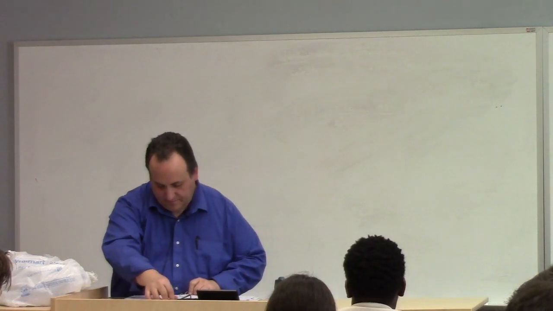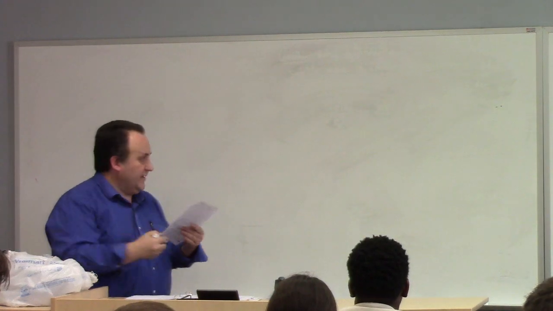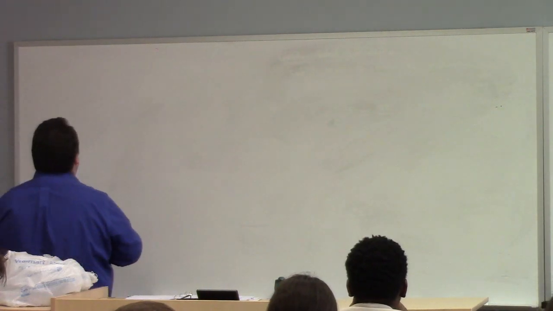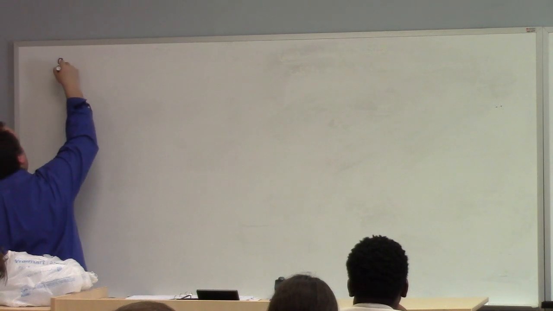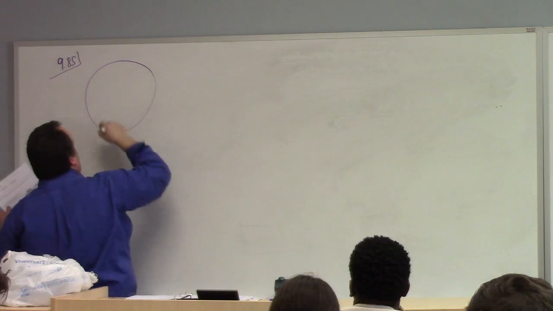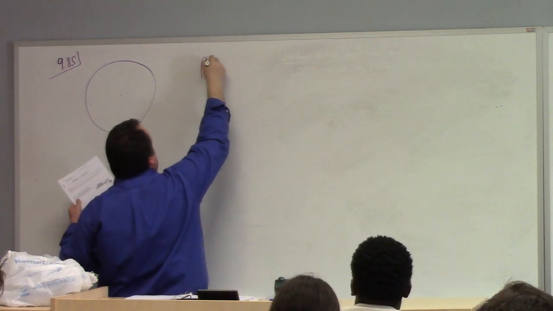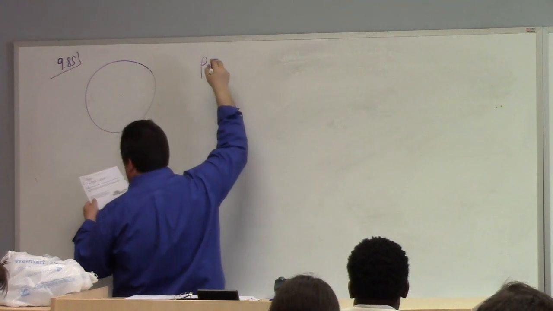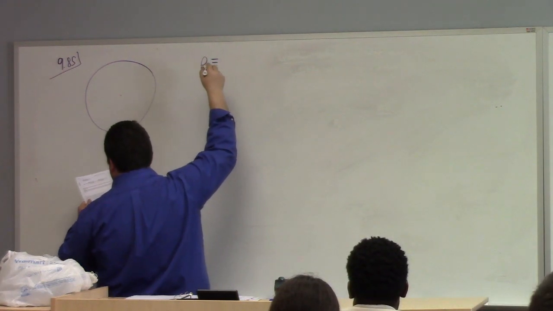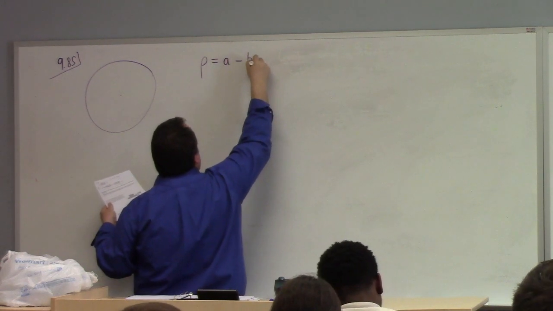See, in this problem, you're given a sphere that has variable density. Roughly speaking, you've got this sphere, and the density is equal to something like a constant A minus another constant times r.